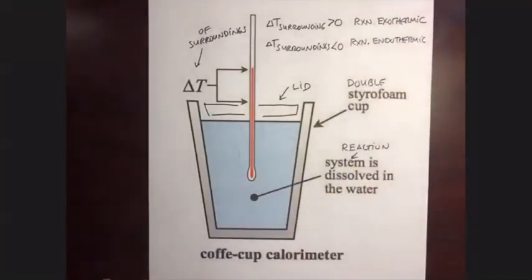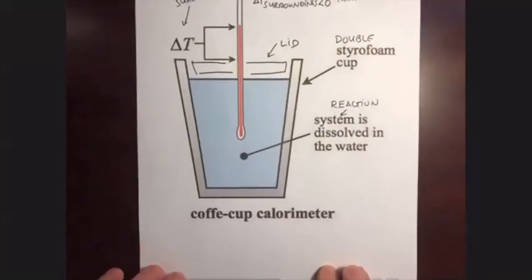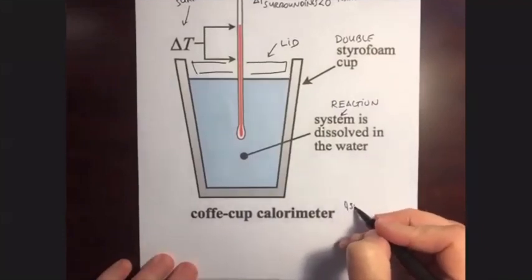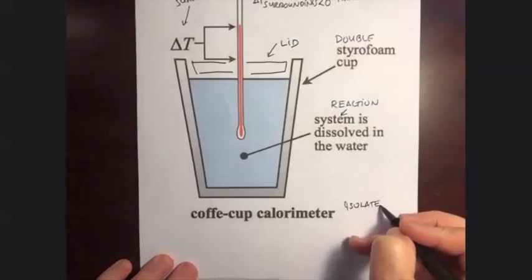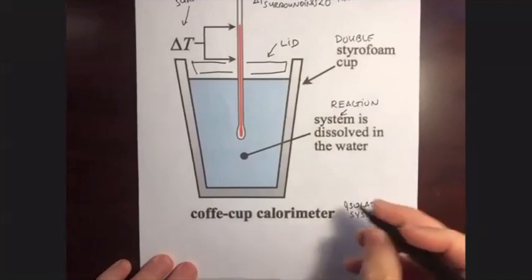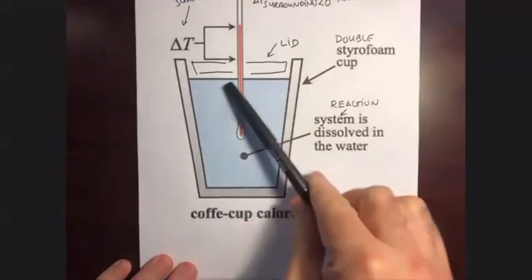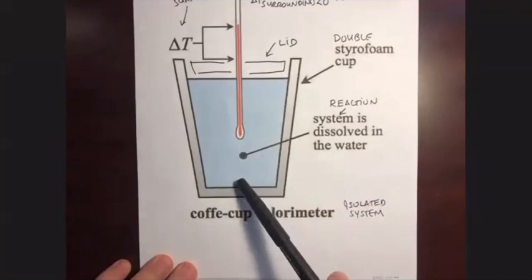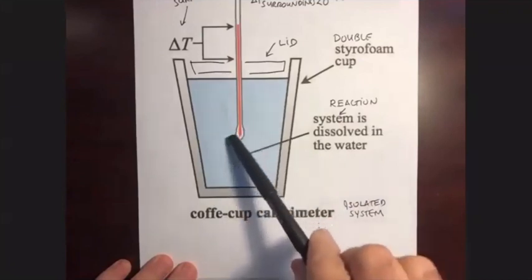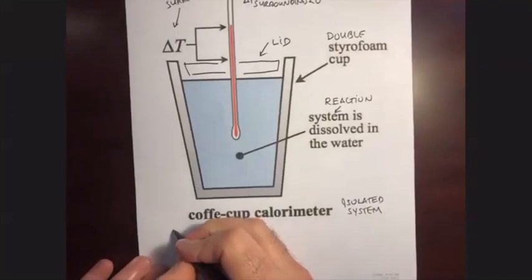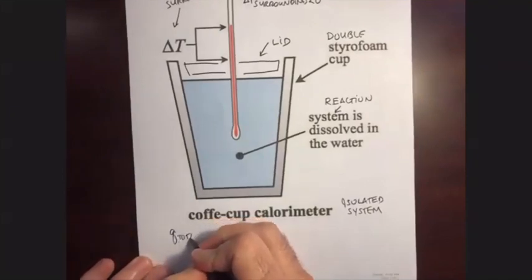Okay, so let's work on this now quantitatively. Remember, the coffee cup calorimeter is essentially what we call an isolated system, which means that all of the energy transactions are contained inside the calorimeter. Or as I sometimes say, what happens in Vegas stays in Vegas. What is the total energy exchange that happens in here?